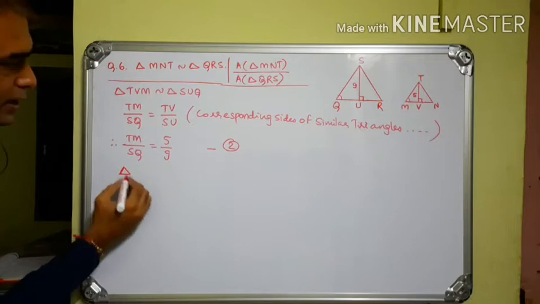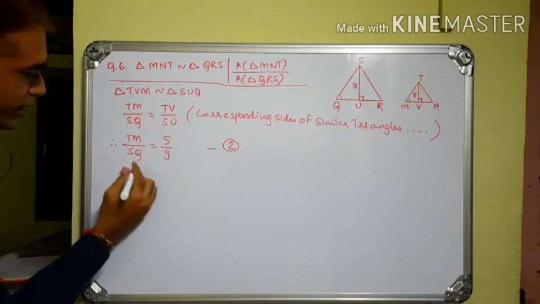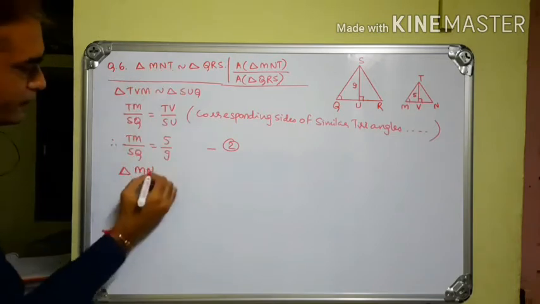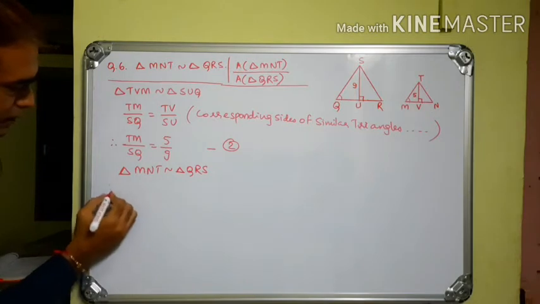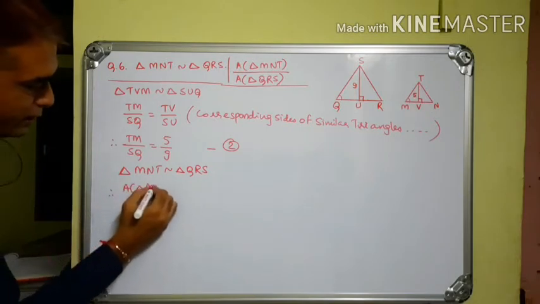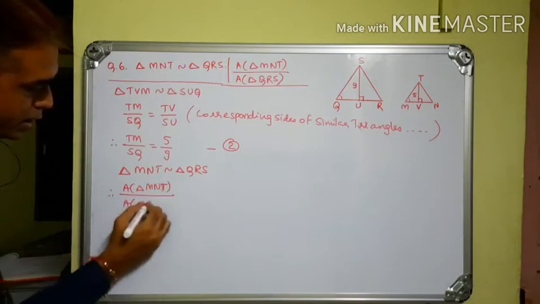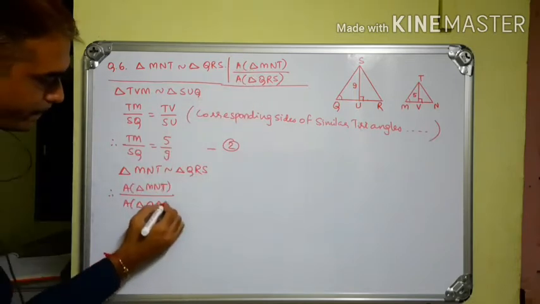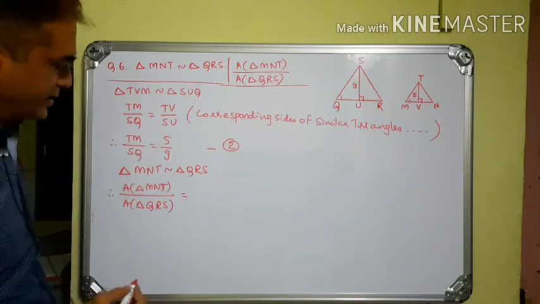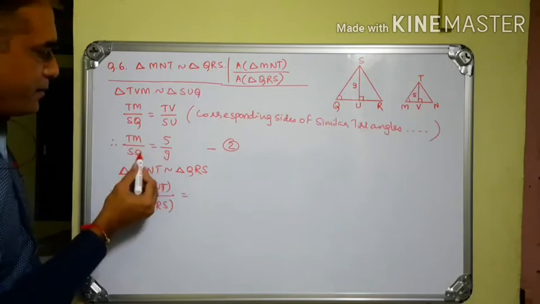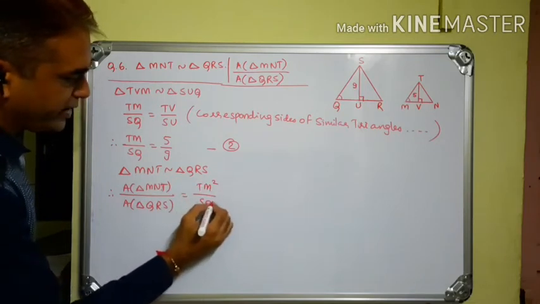Now, again we will write triangle MNT is similar to triangle QRS, and therefore area of triangle MNT upon area of triangle QRS is equal to the ratio of squares of corresponding sides, and the corresponding sides are TM and SQ, equals TM square upon SQ square.